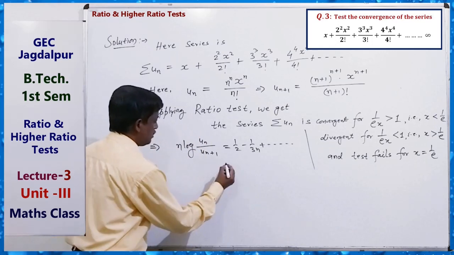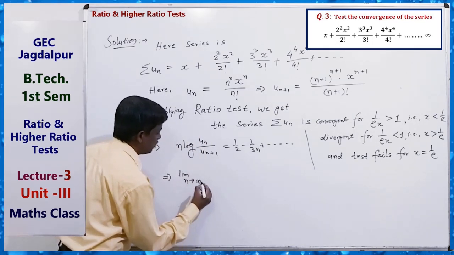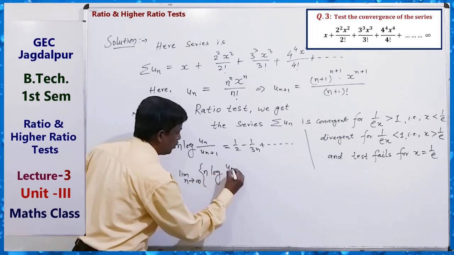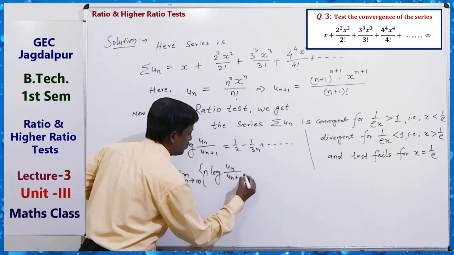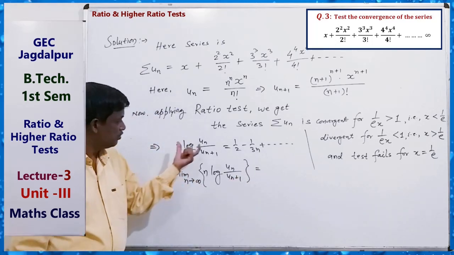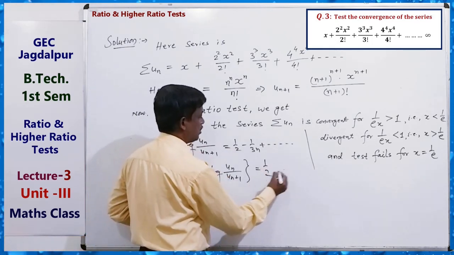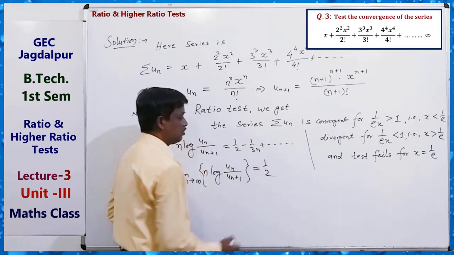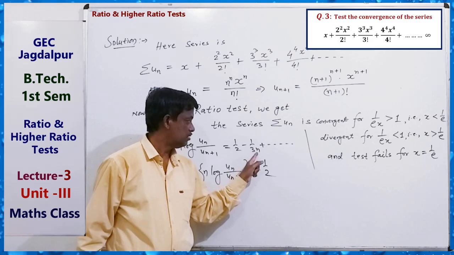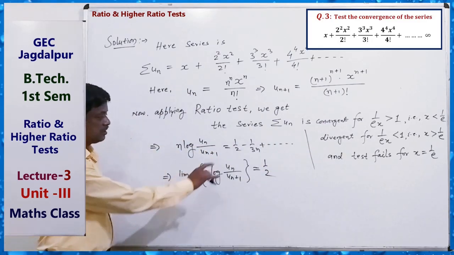So here we can write limit n tending to infinity n of log of un upon un plus 1. The limit is half, because as n tends to infinity, the other terms are 0. So the limit is half.